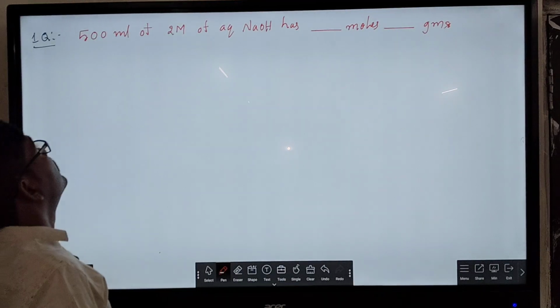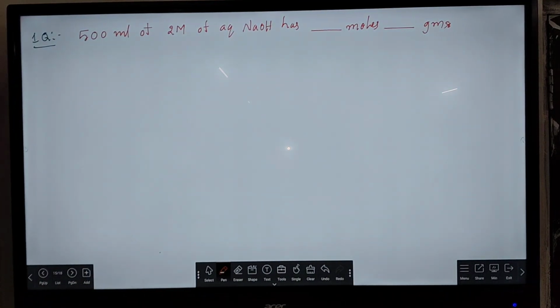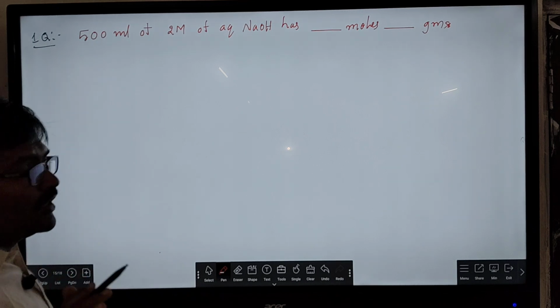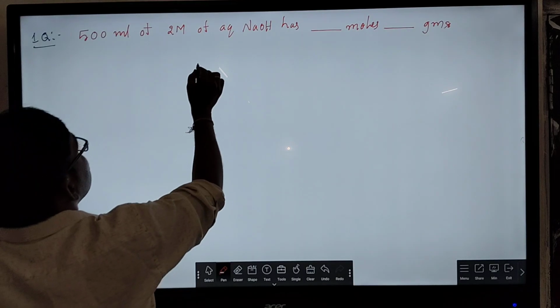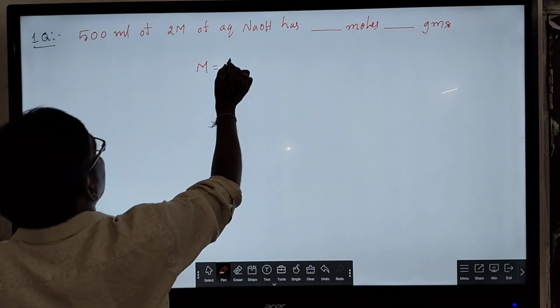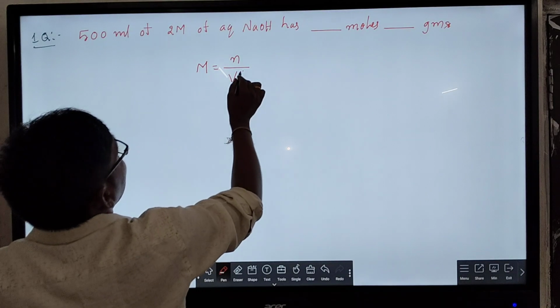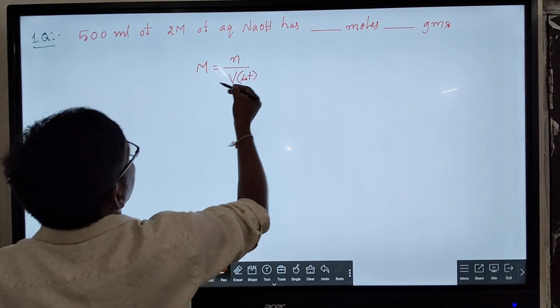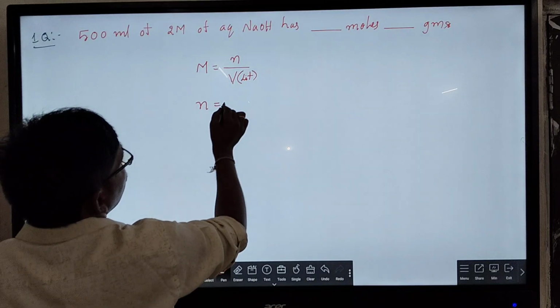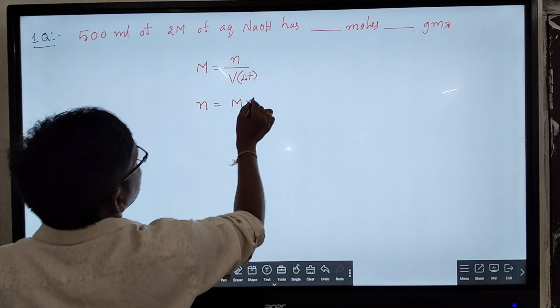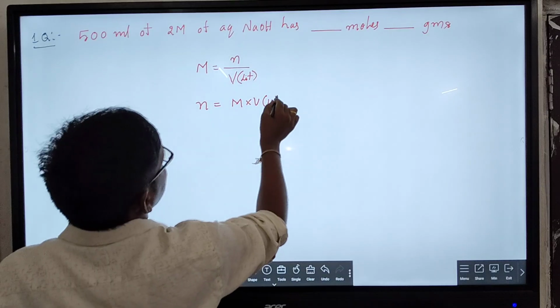500 ml of 2 molarity aqueous solution has dash moles and dash grams. How many moles and how many grams? To find the number of moles, from the molarity formula, molarity is the number of moles divided by volume in liters. So the number of moles equals molarity into volume in liters.